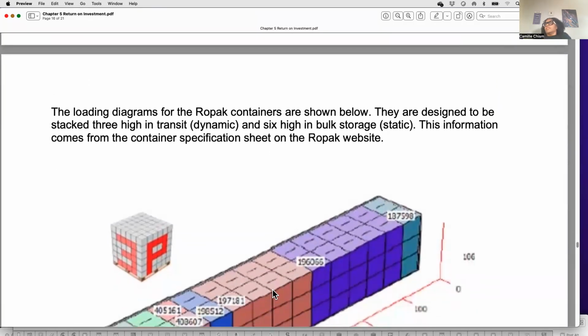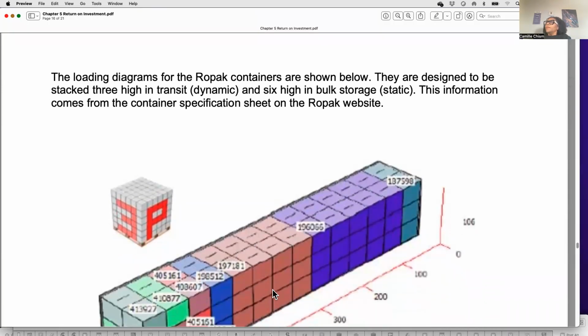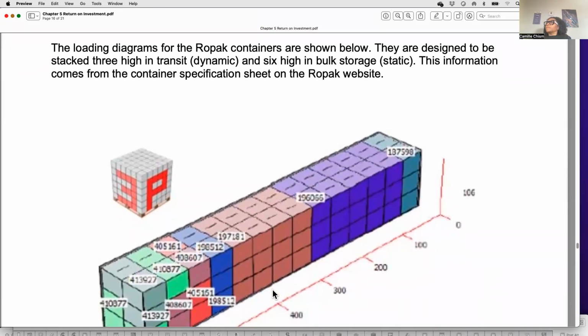All right, so these are loading diagrams again. More loading diagrams. This is saying these are stacked 3 high in transit, which is that dynamic I mentioned before. You see they're three high in the truck, but they expect some movement, which can impact the strength of those containers.